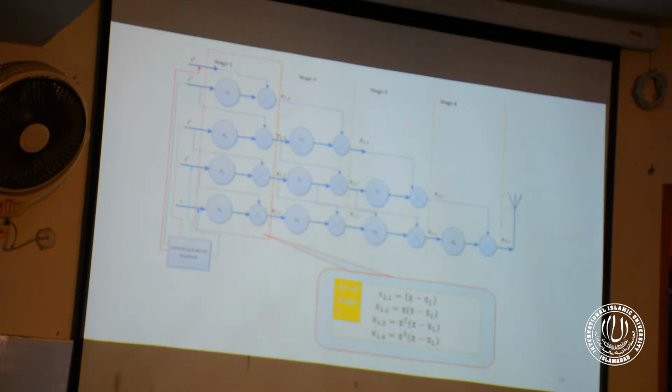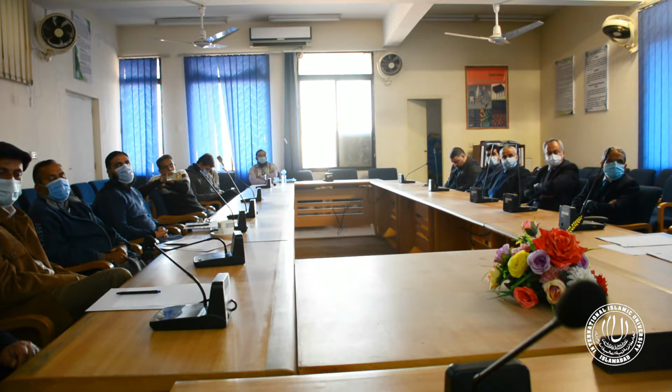The output of the array factor at stage number 1 is x11 as shown here, then x12, x13 and x14. By this, we have the array factor at stage number 1 and the communication which we have designed before. The multiplication of these two, or injection of the communication into the radar signal, is shown in equation number 8. By this, we have a radar at stage number 1 protected.